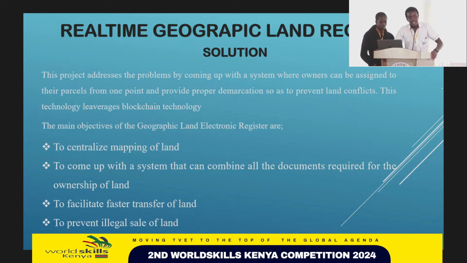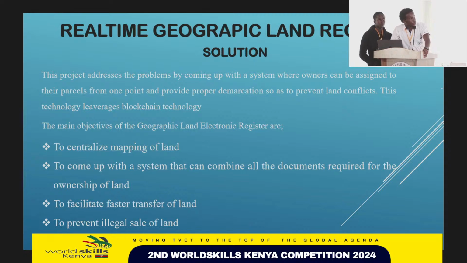The Real-Time Geographic Land Register addresses a number of problems. Number one, it centralizes mapping of land, giving room for centralization of all maps of land in our nation.